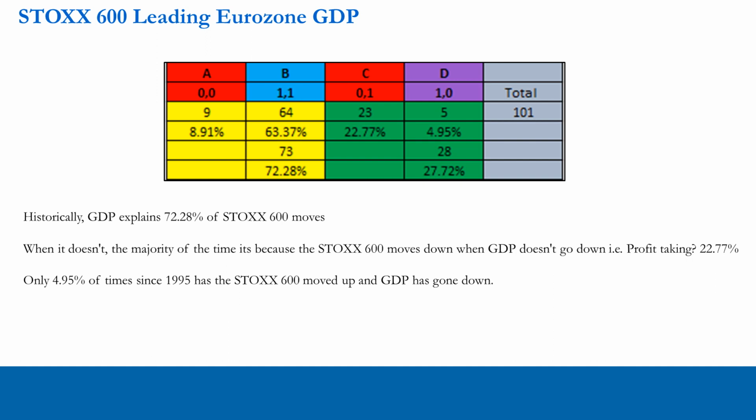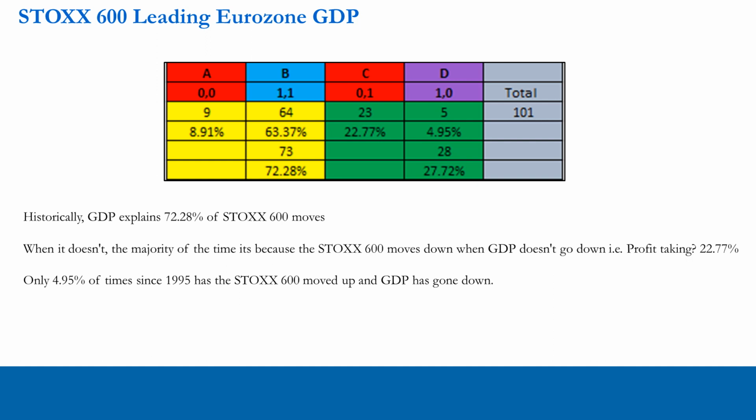So historically, GDP is moving in the same direction as the index. So Eurozone GDP is moving in the same direction as the Stoxx 600, 72.28% of quarters. Now, what happens in the cases when it doesn't? So when the Stoxx 600 doesn't go in the same direction as GDP, or GDP is reported in a different direction to the direction of the Stoxx 600.